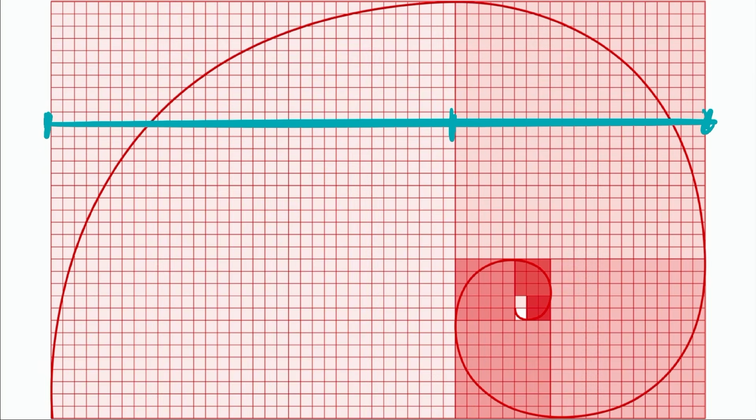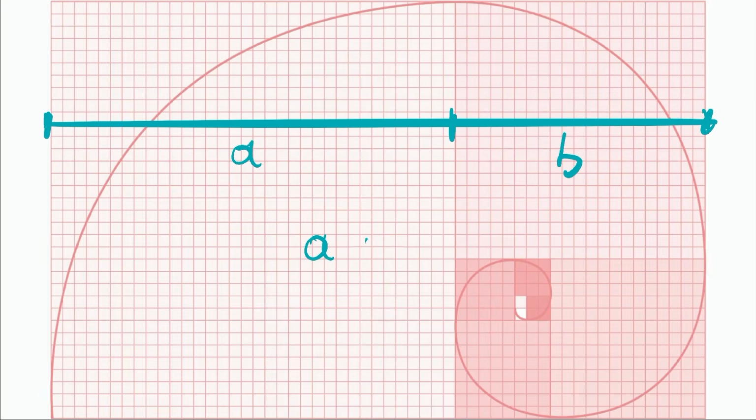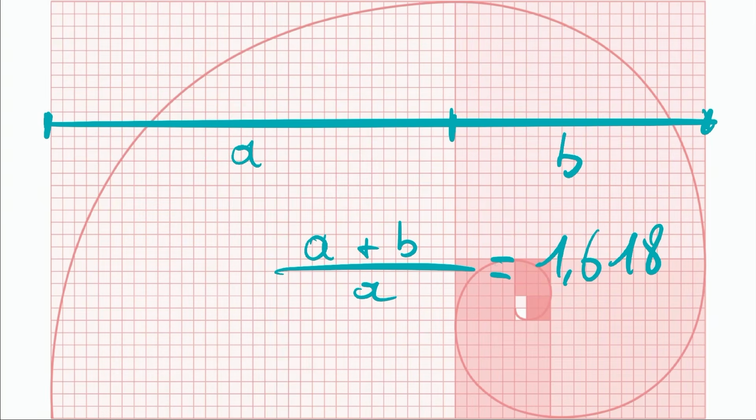Now, if we take A, the long side, and B, the short side, and we add them up and divide them by the long side. So if we do A plus B divided by A, we get this magical number, like 1.618, right?